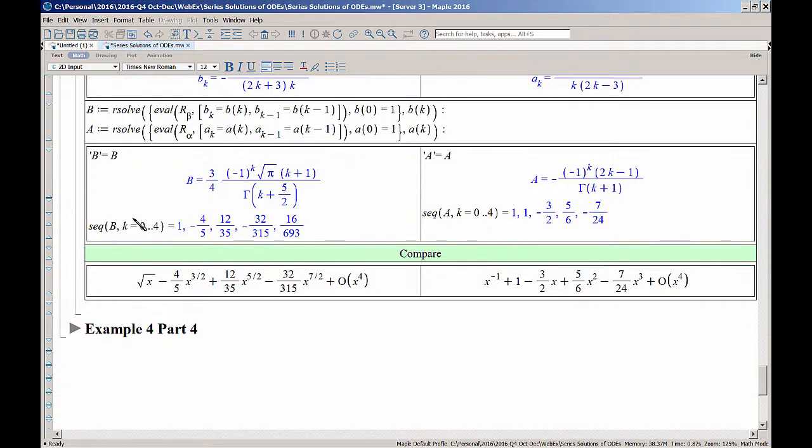And then I just tell Maple, okay, give me a sequence of values. This is the sequence of values from that recursion. This is the sequence of values from that recursion. This is the one where I use beta. Beta was a half, so this is going to be the square root one.